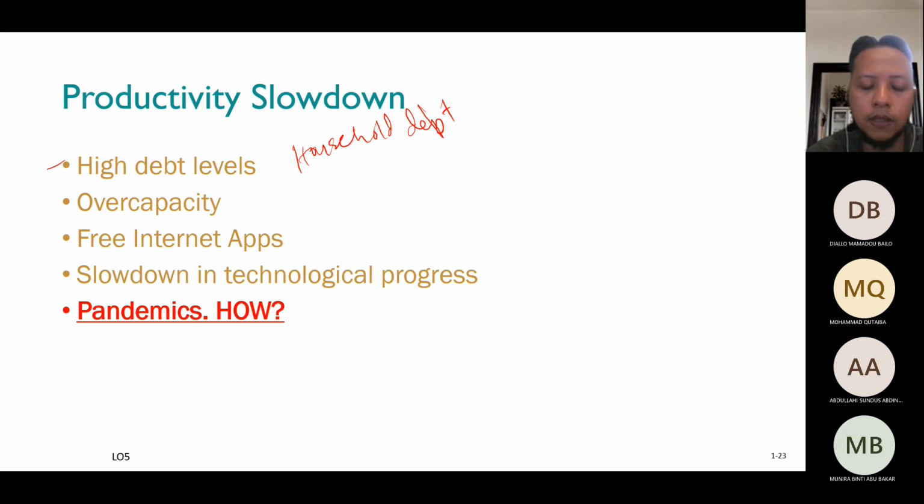Okay, so then you can see how much of their money is actually being used for consumption and how much of their money is actually being used to pay debt. Okay, so when you pay debt, then you are no longer productive.